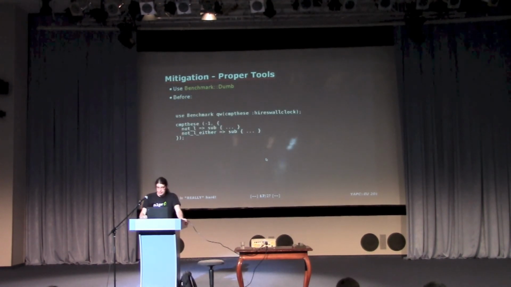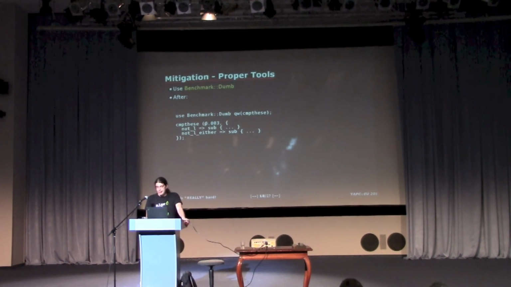If you have code like this, so you have the usual Benchmark PM, you compare this with high-resolution wall clock, and you run everything for 1 second at least. And of course, you call your subroutines not L, because we already know it's a bad idea. This is what a normal benchmark looks like. To run it on Dumbbench, all you have to do is change benchmark to benchmark dumb.